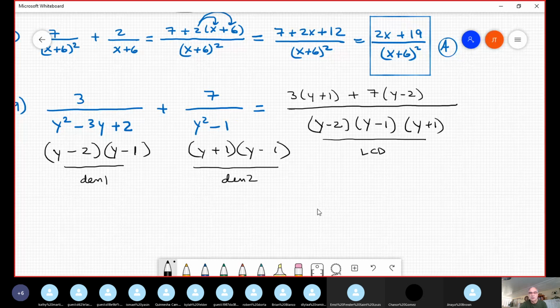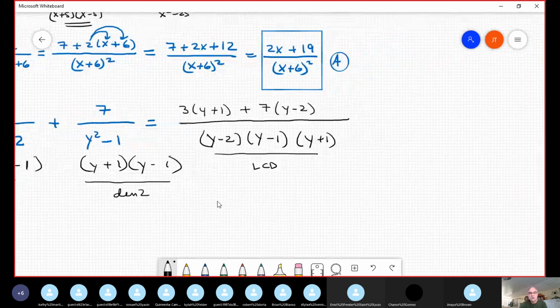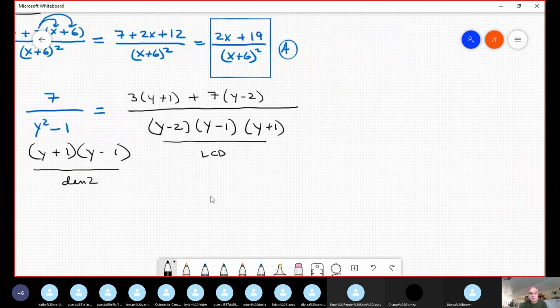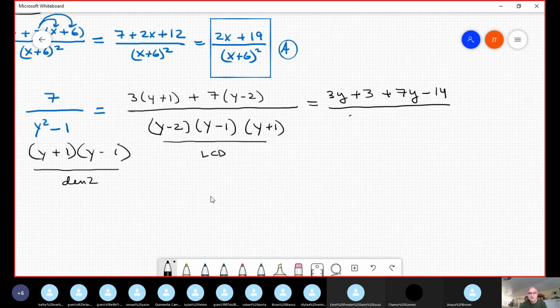And almost we finish because the rest is baby algebra. It's 3y plus 3 plus 7y minus 14, divided by this expression.